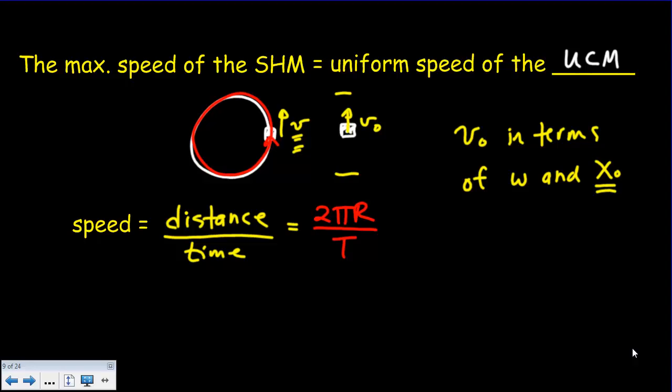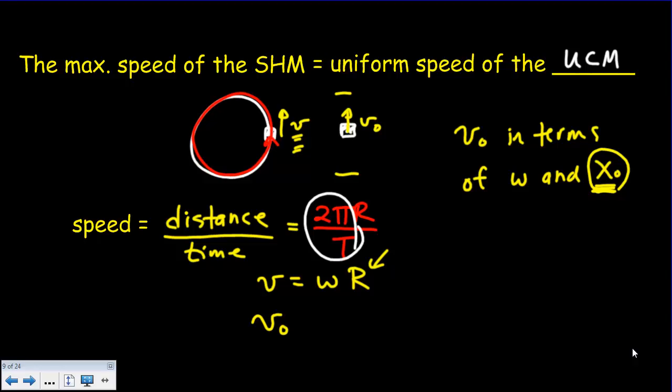And then I can notice 2 pi over T is the same thing as omega. So I get that this speed is equal to omega r. Of course, r has got to equal the amplitude in the simple harmonic motion, so that I get this expression for my maximum speed in simple harmonic motion, which will be omega times x naught.